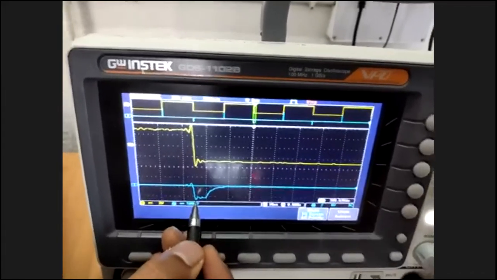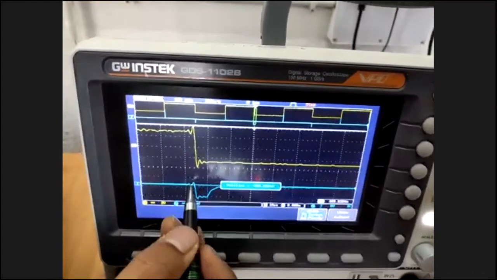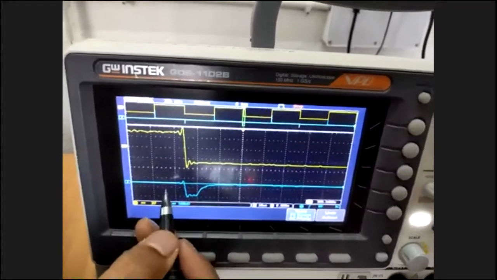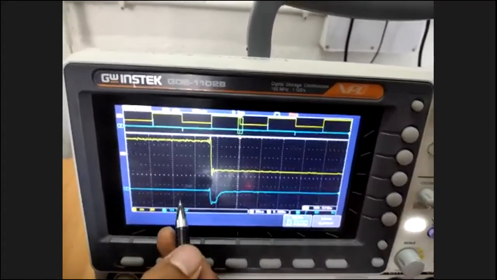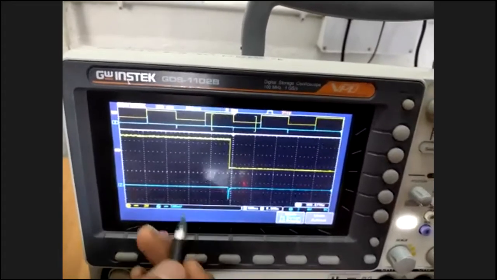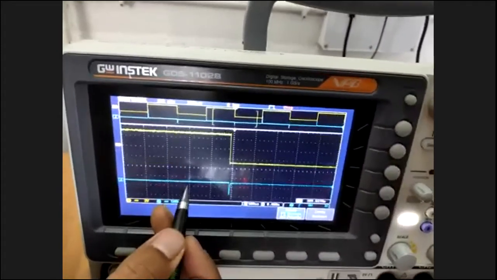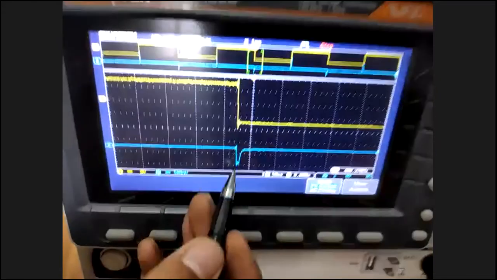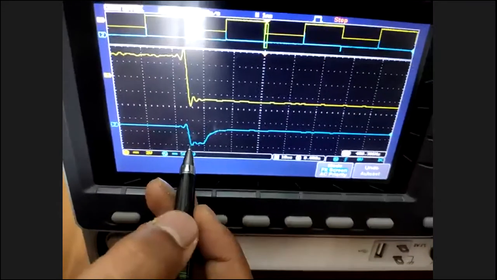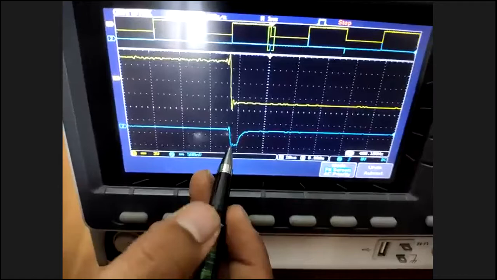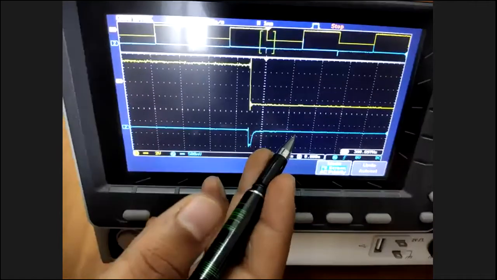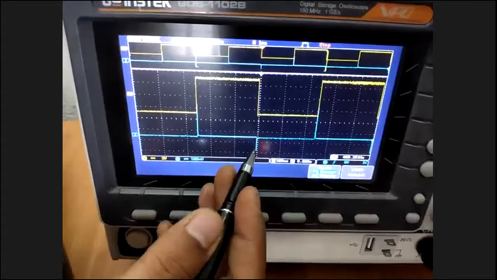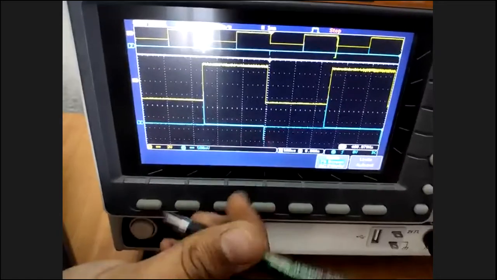If the positive point is +9, after the steady state it will reach the negative peak, which is the same as the positive peak, and after a few milliseconds it goes again to the steady state condition. That is the transient response of the RL circuit.